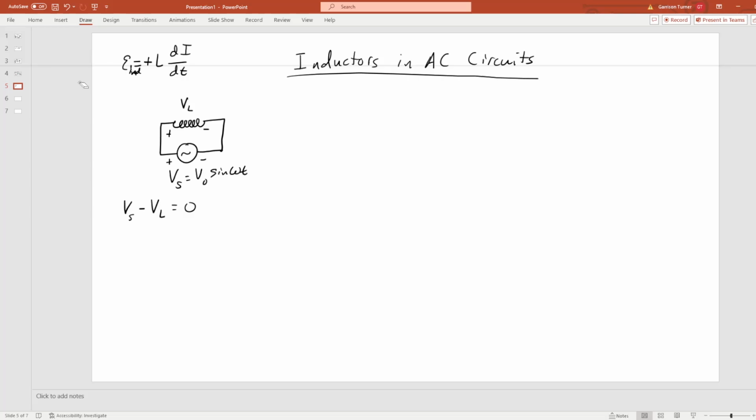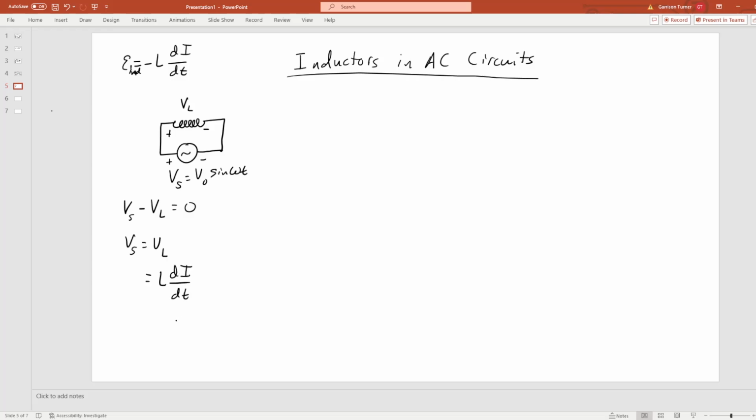So the induced is still negative, but the voltage from my source must be equal to L di dt.